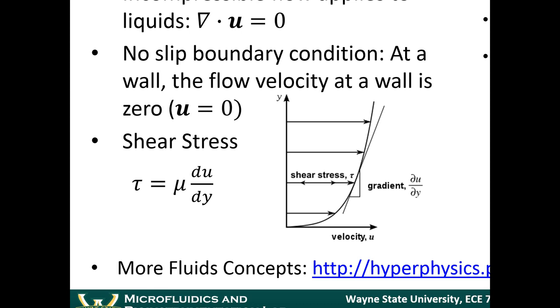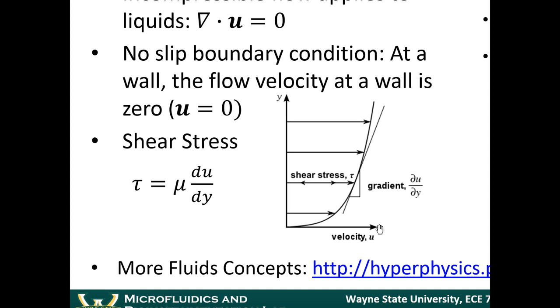The no-slip boundary condition states that the velocity at the wall is 0. If you think about this, it should make sense because you have friction at the wall, right? The wall is not moving. The velocity of the wall is 0, so the velocity of the fluid right at the wall also has to be 0, because the two are in contact with one another. At the wall, the flow velocity is 0.